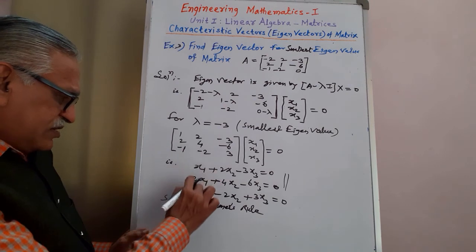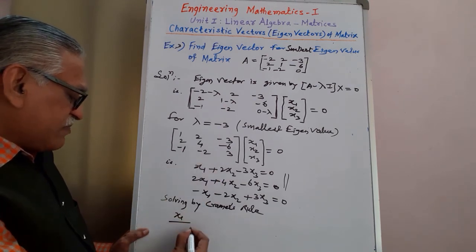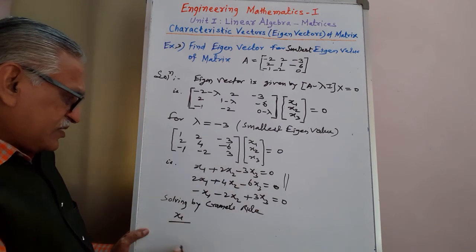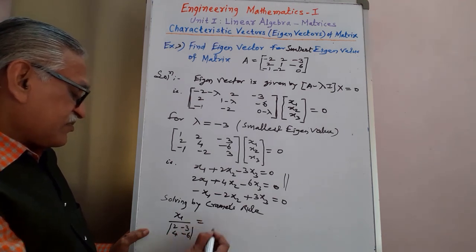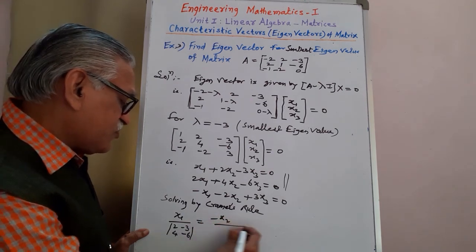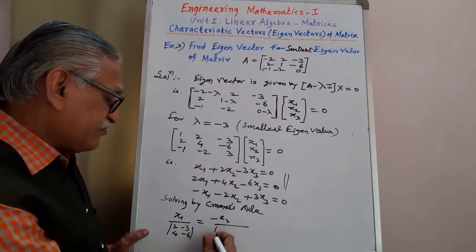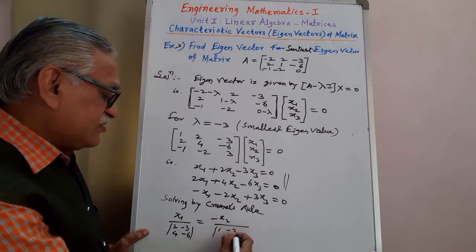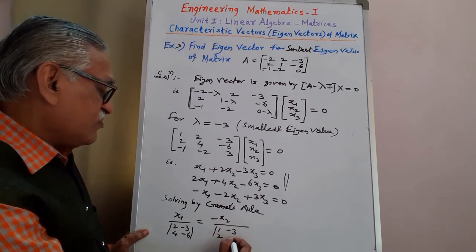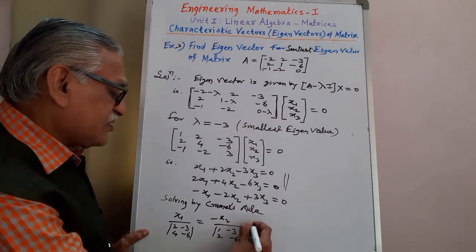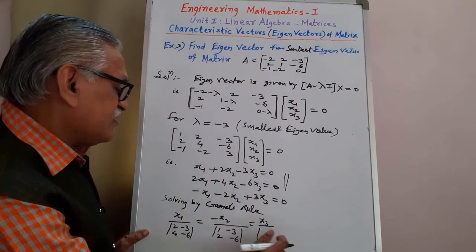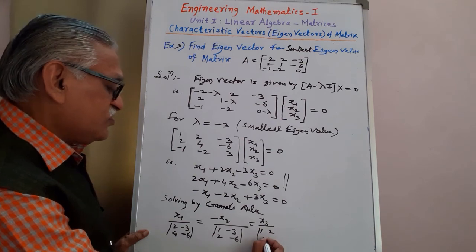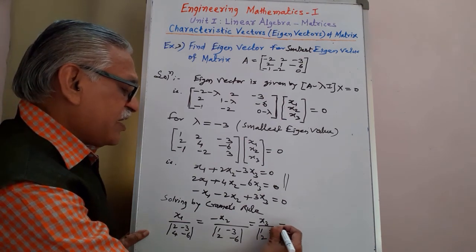And therefore, neglecting the first, we get x1 divided by coefficient of this, determinant of 2 minus 3, 4 minus 6. Second one is minus x2 upon, neglecting this, we get 1 minus 3, 2 minus 6, x3 divided by, neglecting this, we get 1, 2, 2, 4 and equals to k, say.